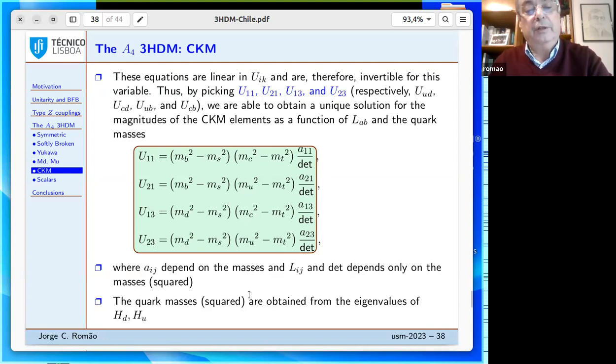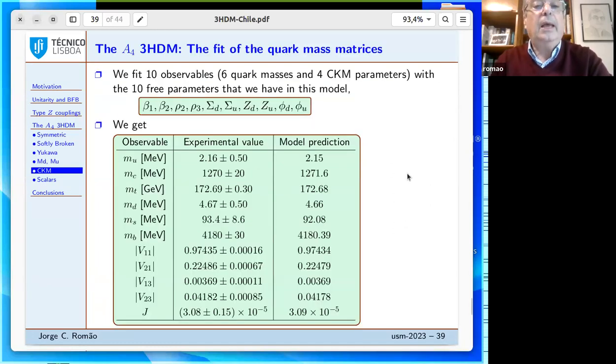Then we make a fitting procedure to determine the parameters that give the best fit. And our parameters, as I told you, they are 10, exactly the same number as the observables for the quarks, 6 quark masses and 4 CKM parameters.